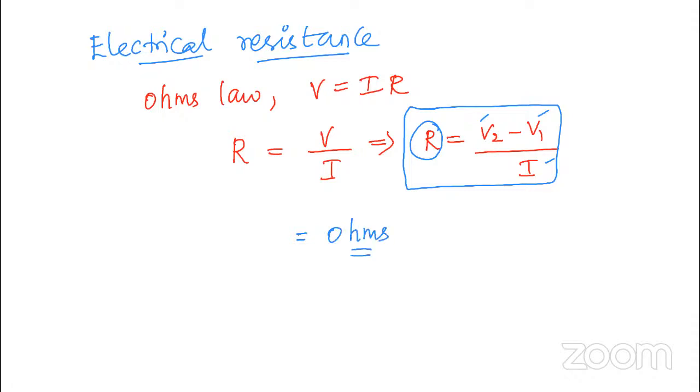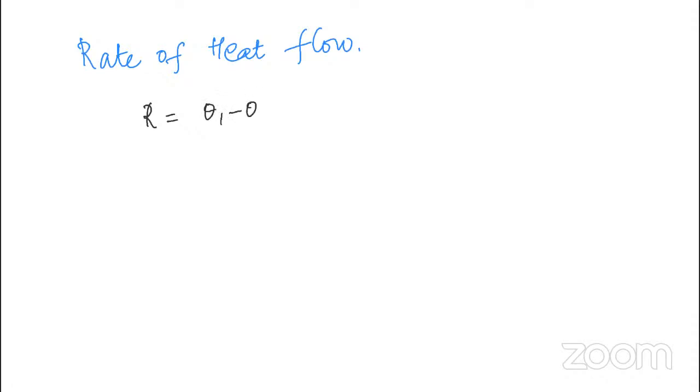Okay, right. Next one more, that is rate of flow of heat. Rate of heat flow. So rate of heat flow க்கு என்ன formula? நம்ம electrical resistance, thermal resistance போட்ட the same formula, R is equal to theta 1 minus theta 2 divided by H, or simply we are writing H is equal to theta 1 minus theta 2 divided by R. Just replace பண்ணுங்க இந்த இடத்த மட்டும்.